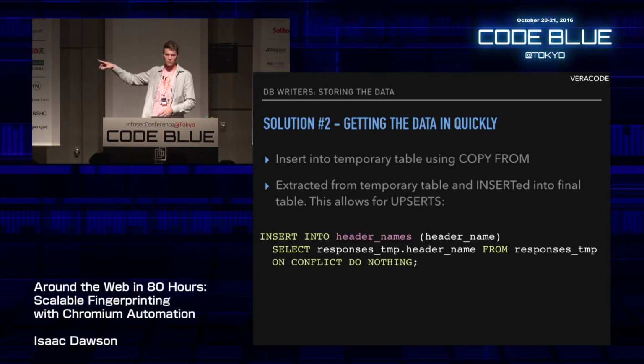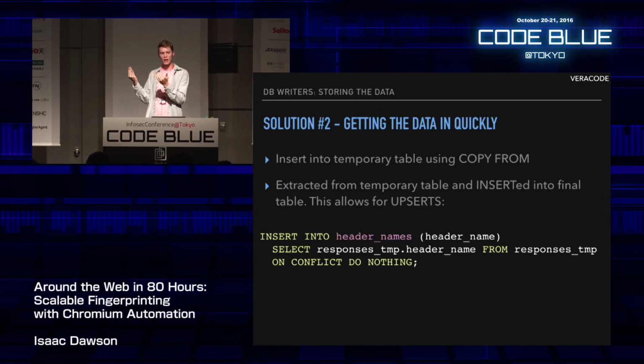On the bottom, you may notice an on conflict do nothing. This is the upsert. The benefit of upserts is, let's say I have a header name table with 30,000 header names, and there's one header name that I'm going to be inserting again. So let's say I have this header temp table with 100 headers, but one of them is exactly the same.